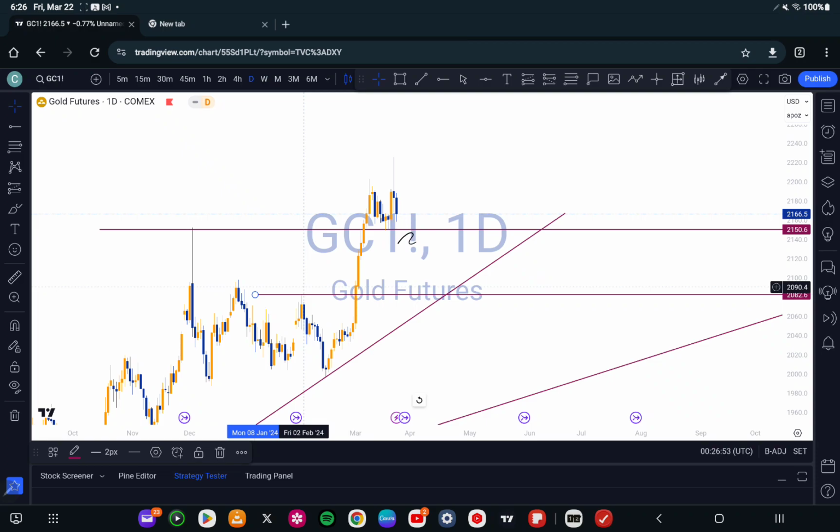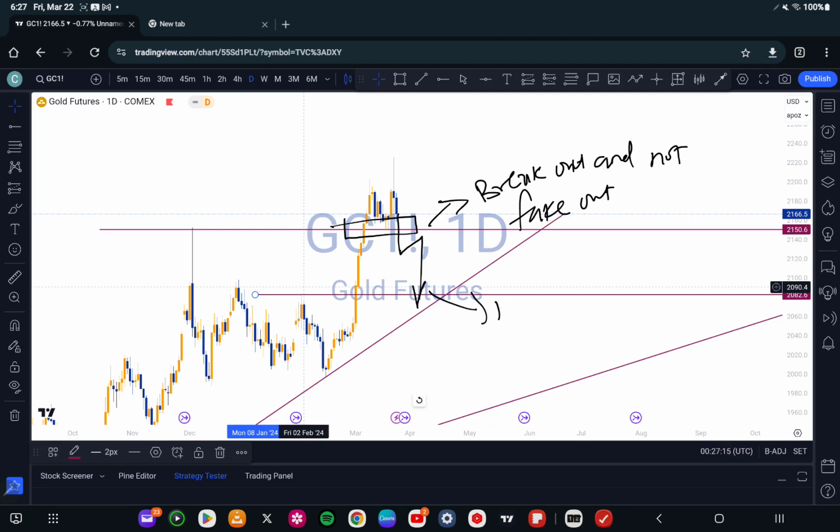It signifies that if we break out of this zone right here with an engulfing candle, and I see a sort of confirmation that it's a breakout and not a fake out, then there's a higher chance that I'm going to ride it, and my next key zone is around here. So this will be our next key zone, and that is why it's really important. Your strategy should be based on price action. That is really, really crucial.